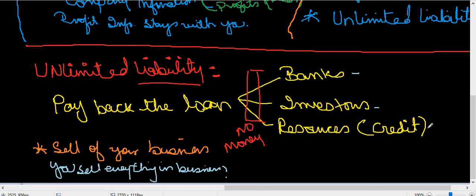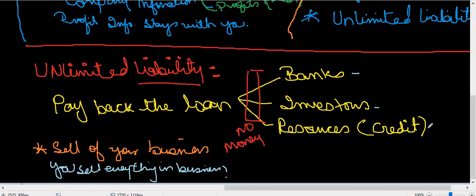You sell it off, but you still can't pay back the loan. Unlimited liability means that now you will have to pay back from your personal funds. You will have to sell off your personal car, your house, even your clothes. Whatever you have, you will have to sell it off.